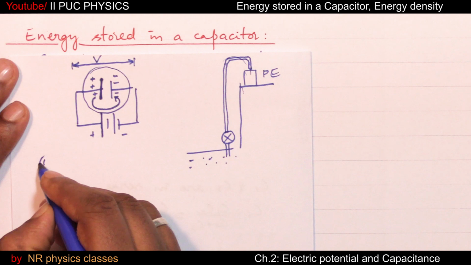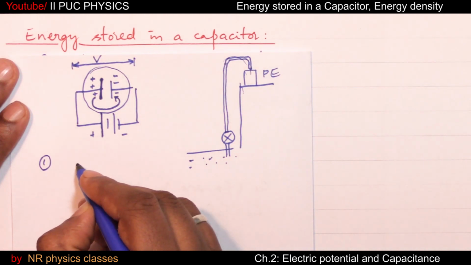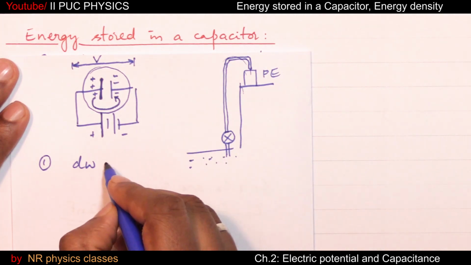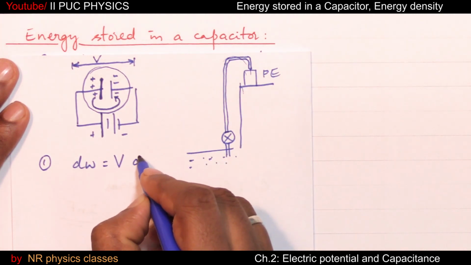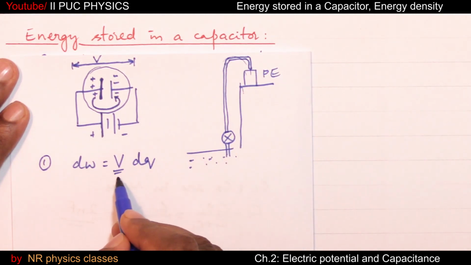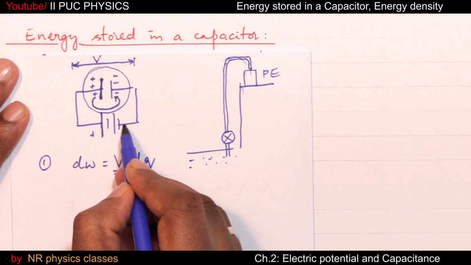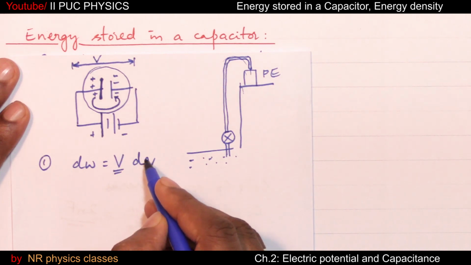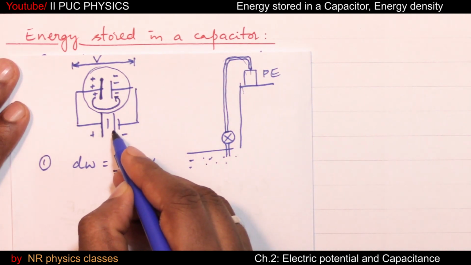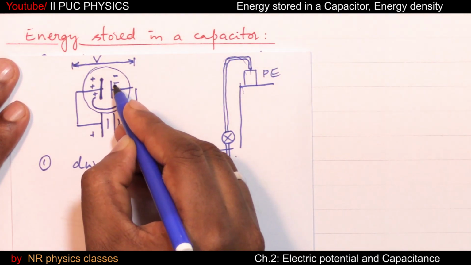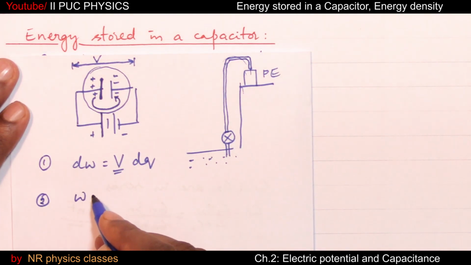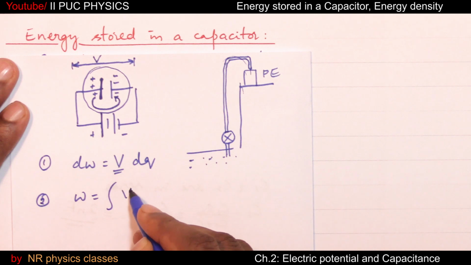In the first step, let us find out the work done to transfer a small charge. So it is V into dq, because V is constant. V is the applied potential difference. So this is the work done by the battery to transfer a small amount of charge. To find the total work done, we have to integrate this equation.